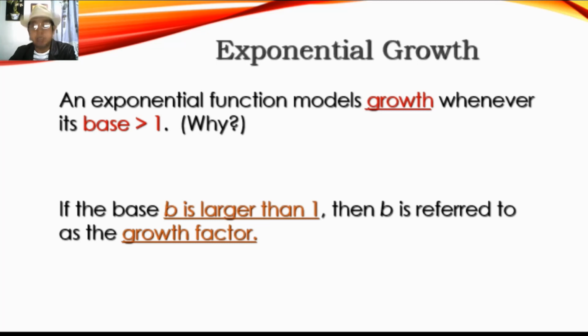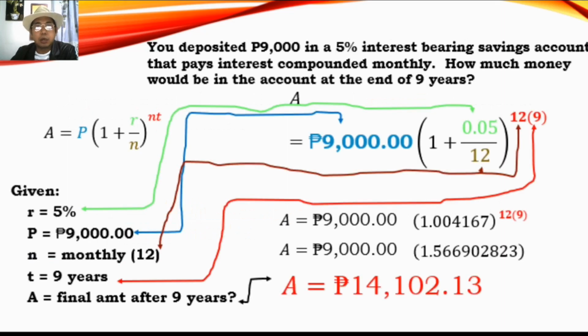Meaning to say, when we go back to our previous discussion, when the number inside this parenthesis is greater than 1, of course, this is 1 plus point something, so that is the same as saying greater than 1. Again, if the base is greater than 1, let's consider our compound interest inside the parenthesis.